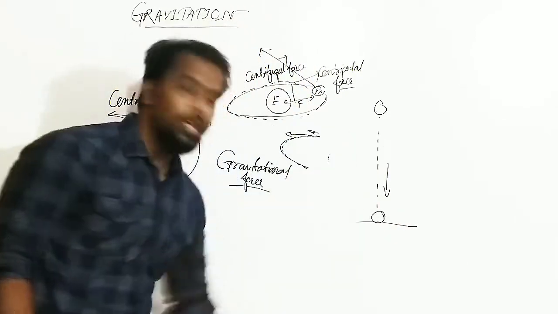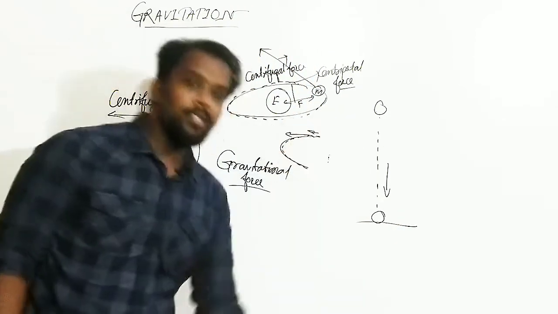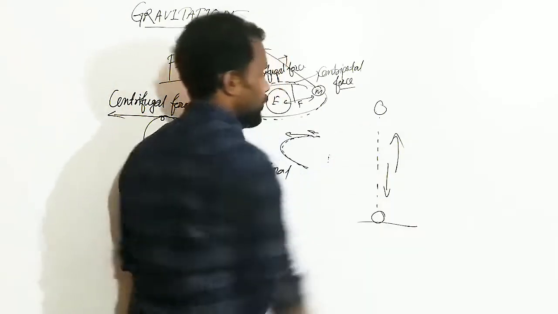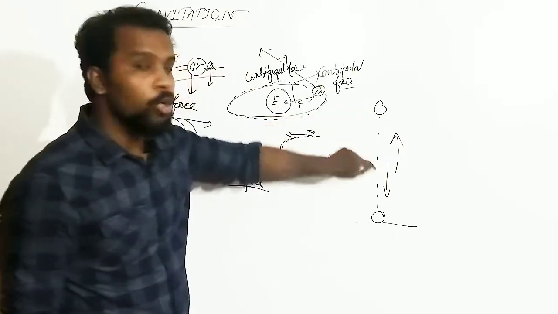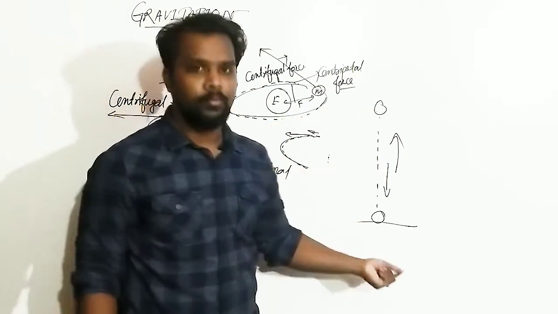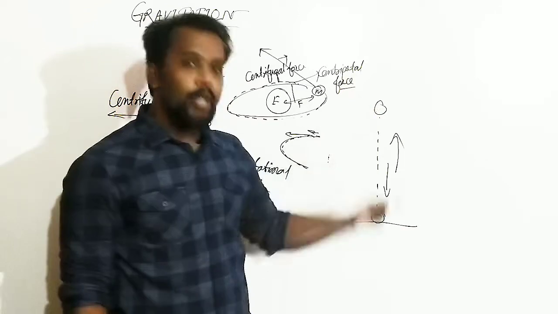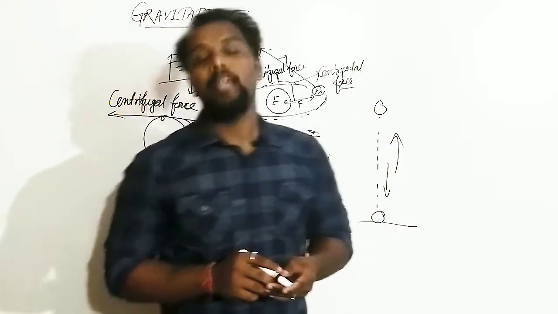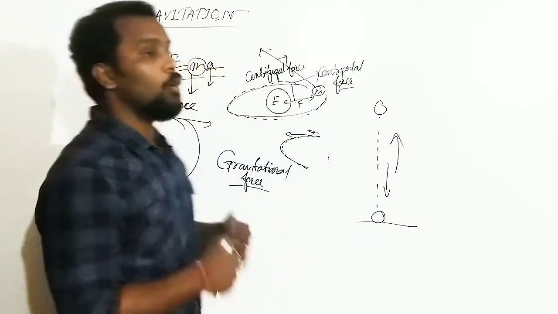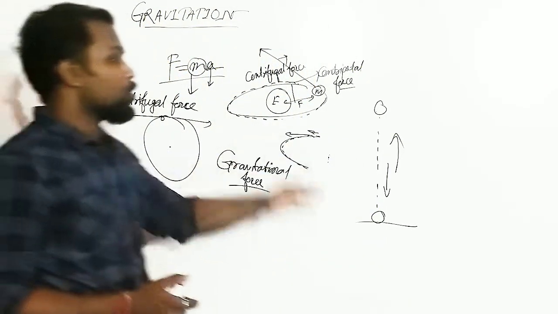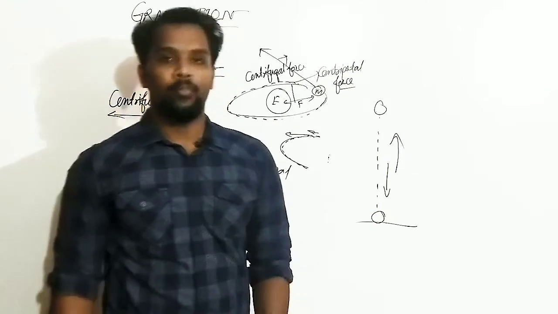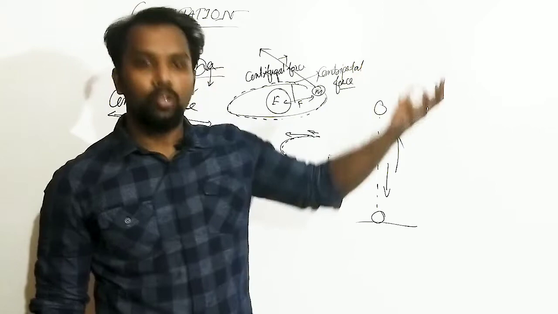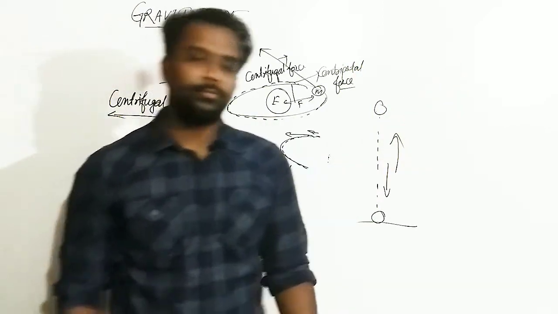That means the ball gives a reactive force on the ground. The ball will try to pull the ground too. But is it really going to happen that the ball attracts the ground? If I leave a ball from this position, is that ball going to attract the ground?